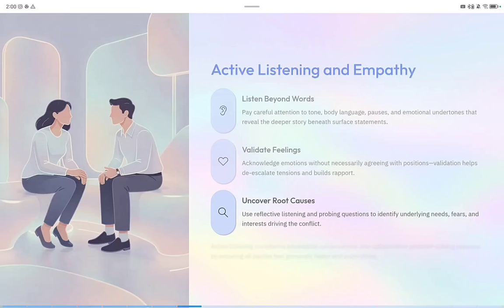So, it's extremely important to probe, to ask the right set of questions, to be able to understand the root cause of a problem, the root cause of a conflict. And this can be done by uncovering the underlying needs, fears, and interests that somebody has, and for them to come out, that requires psychological safety.